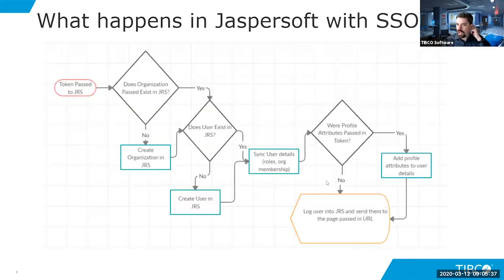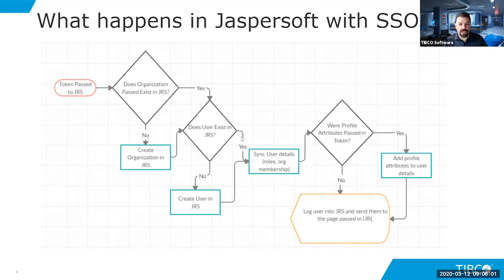So what happens in Jaspersoft with single sign-on? I put together this little flow chart just so you can see. The token gets passed to Jasper. The first question gets asked by our system: does the organization that you pass exist already in Jaspersoft? If it doesn't, then it gets created. Then we check to see if the user exists in Jaspersoft. If it doesn't, then the user gets created.